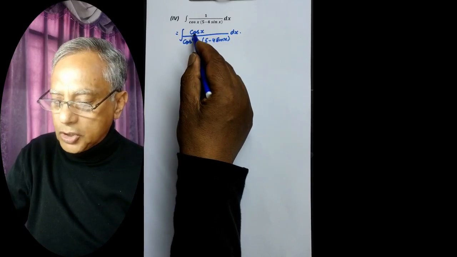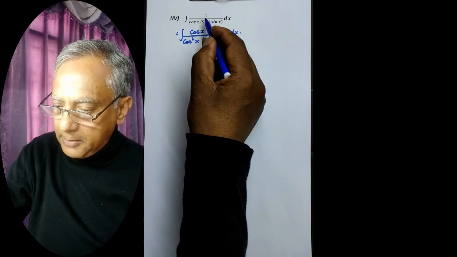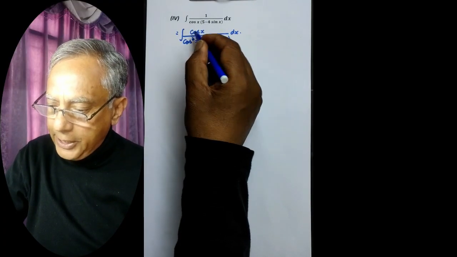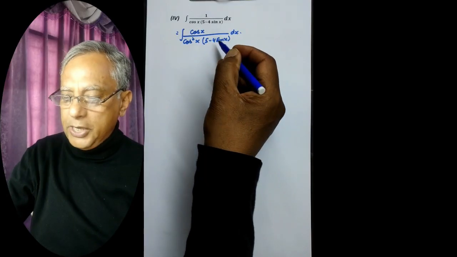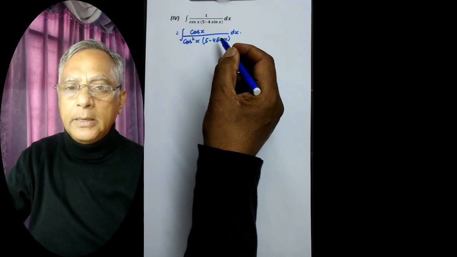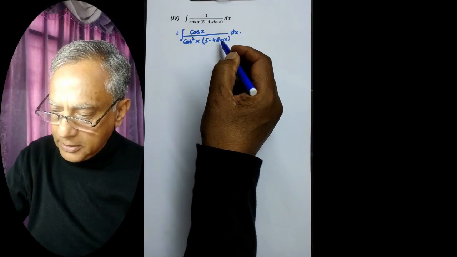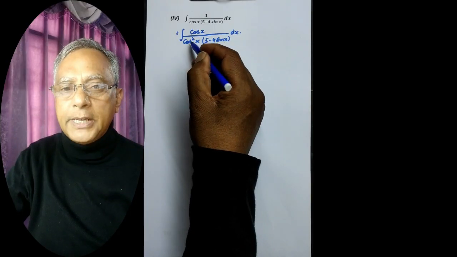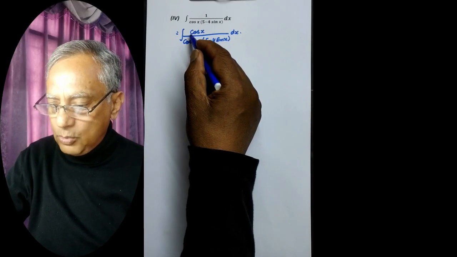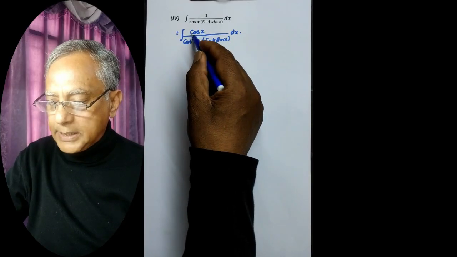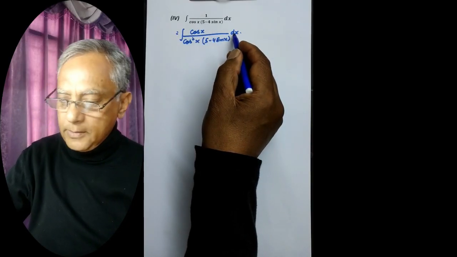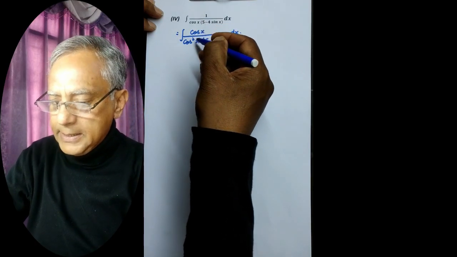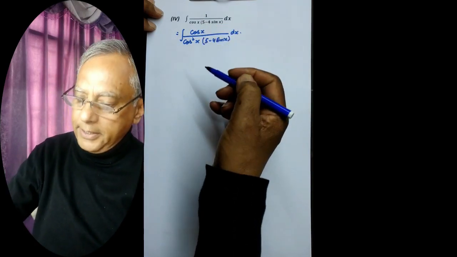Differentiation of sin is cos, so that is why I am multiplying by cos. We will get cos x dx is dt, and the rest of the question will change into the new variable. When we put sin x equal to t, the rest will also change in terms of t, and this will go with cos x dx is dt. So that's why I am multiplying by cos x on numerator and denominator.